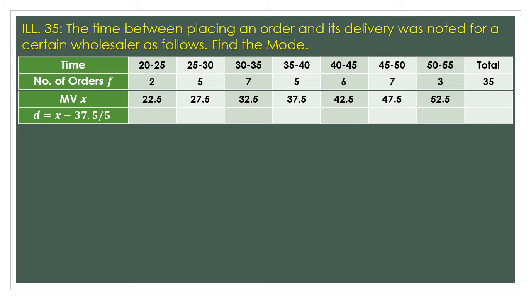So x minus the assumed value 37.5, and because the class lengths are equal in all the classes, that is 5, I am dividing the value by 5. So 22.5 minus 37.5 divided by 5 will be negative 3. Similarly negative 2, negative 1, 0, 1, 2 and 3.